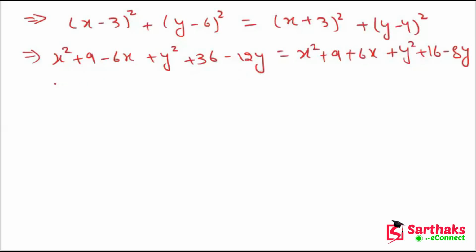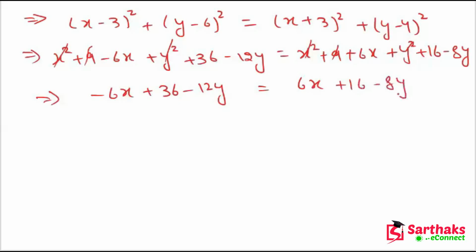Now from these equations, the x square will be cancelled, this 9 will be cancelled, this y square will be cancelled. The remaining part is minus 6x plus 36 minus 12y is equal to 6x plus 16 minus 8y.